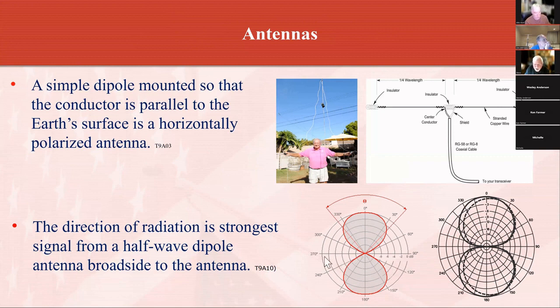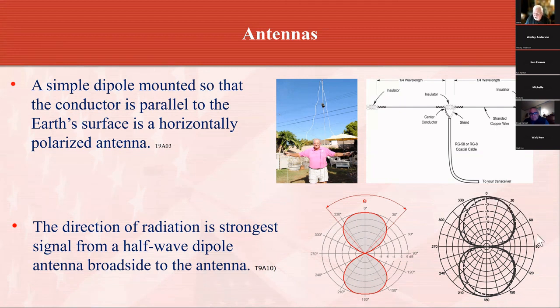In this particular pattern, the dipole is running along the 90 to 270 degree axis. And if I were to walk around this big circle at a fixed radius here, and I would measure the strength of the energy coming from the antenna, and I would plot it, it would plot like this figure 8.